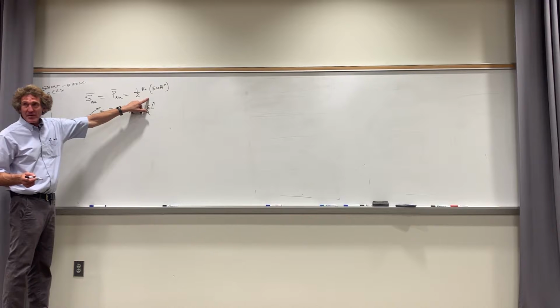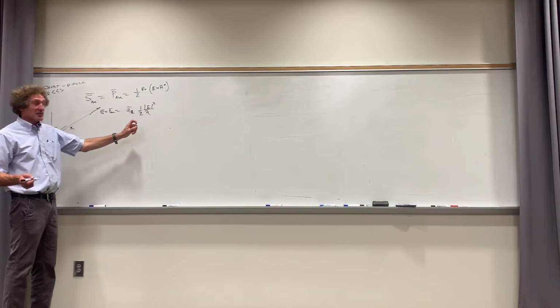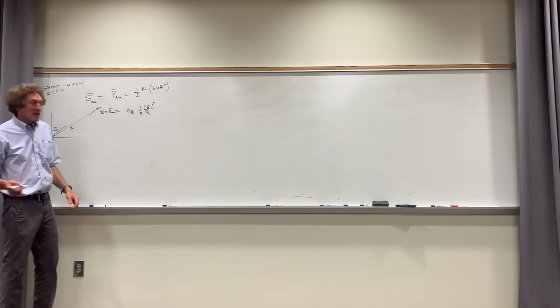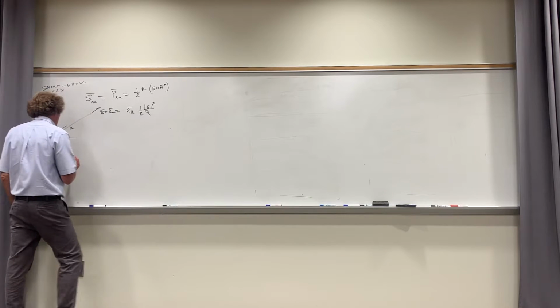Where you go ahead and take the E field and cross it into the H field conjugated, and lo and behold, you're going to get what I'm about to show you, but it's easier this way, in my opinion, all right? So here, remember what the E field was.